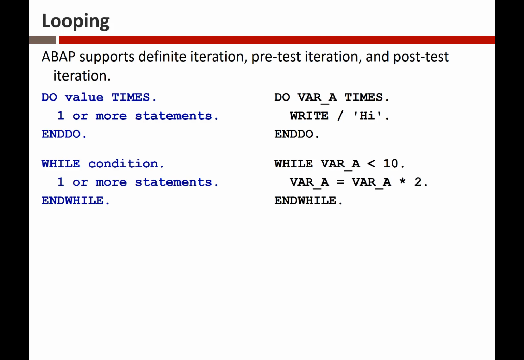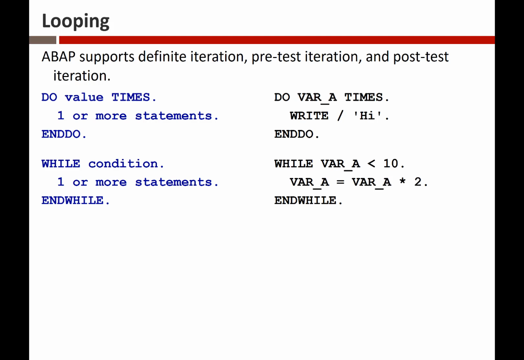So, while var a is less than 10, that's obviously a logical expression that can evaluate to true or false. Var a equals var a times 2, end while. There are a lot of implications in using this loop, such as that whatever this test condition is, in some way is going to be modified in the body of the loop, which is what we see going on here with var a.